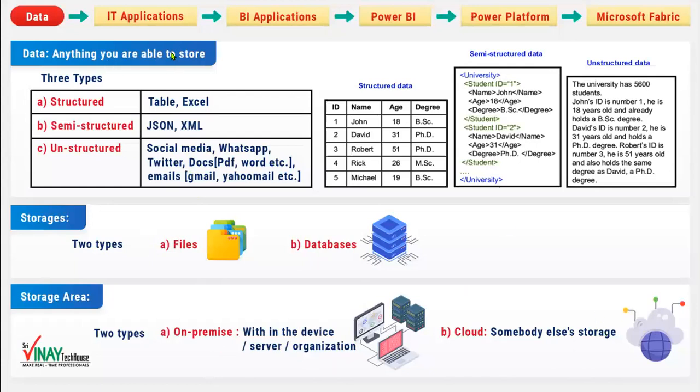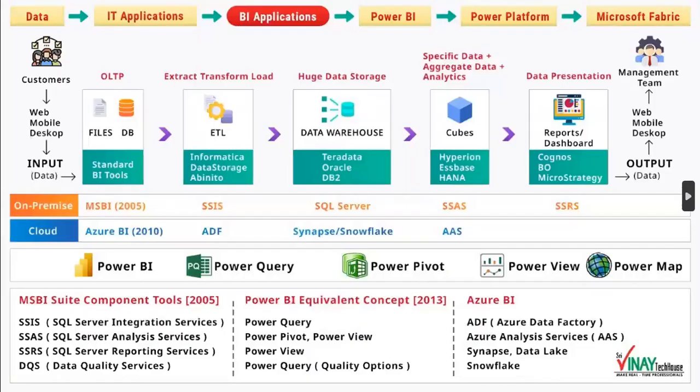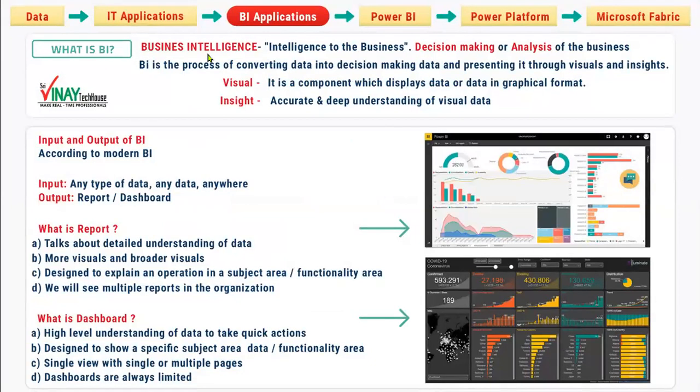And this data we use in IT applications, any IT applications. Many types of IT applications are available, but majorly these 2: business running and business analysis. And you people belong to business analysis applications. In this area, you develop reports and dashboards from the existing data. Then what is BI? Business intelligence.